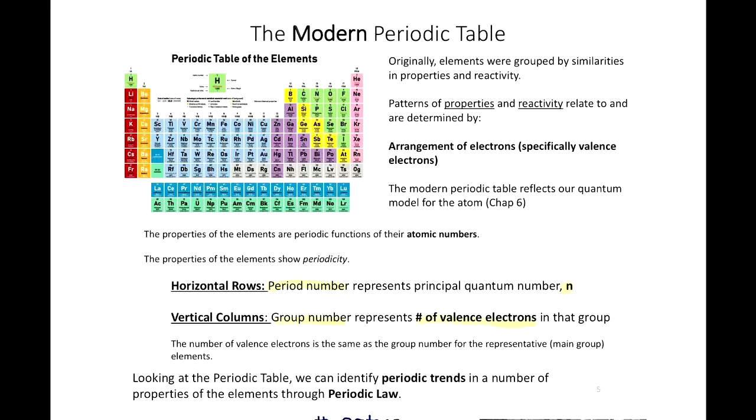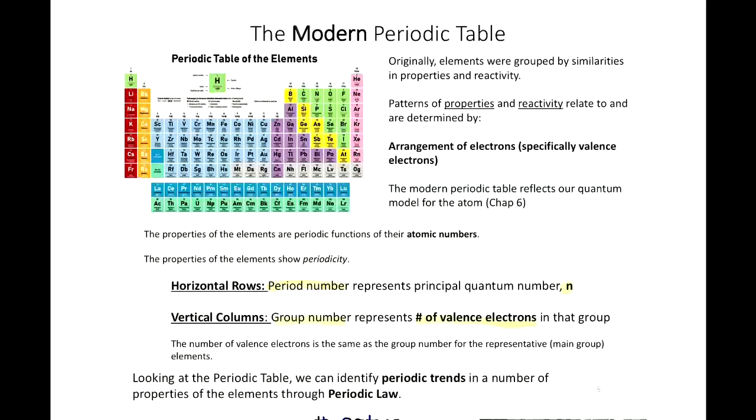And so we already learned about this in chapter 2, that these vertical columns are called groups, and the horizontal rows are called periods. But now that we know more about electrons, and remember Mendeleev didn't know about electrons back then, we can apply what we learned in chapter 6 to these ideas: these horizontal rows actually represent the principal quantum number n.